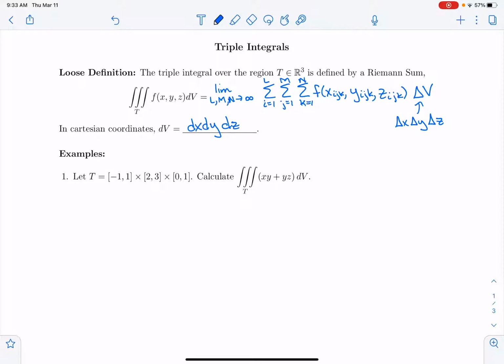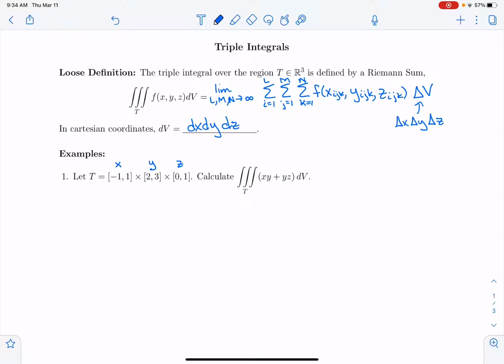I now want to proceed with a couple examples of how you can evaluate a triple integral over a rectangular domain. So our first domain is going to be x's between -1 and 1, y's between 2 and 3, and then z's between 0 and 1.